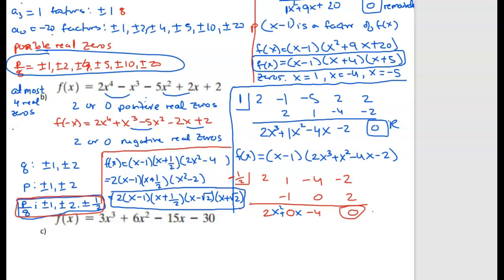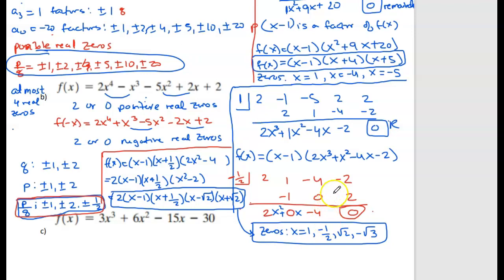And we can see that the zeros are x equals 1, x equals negative 1/2, and x equals positive square root of 2, x equals negative square root of 2. Like this. There you go. And that's the process for finding zeros, rationals, sometimes irrationals of zeros of a polynomial.